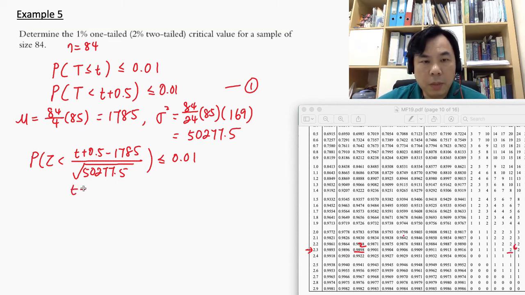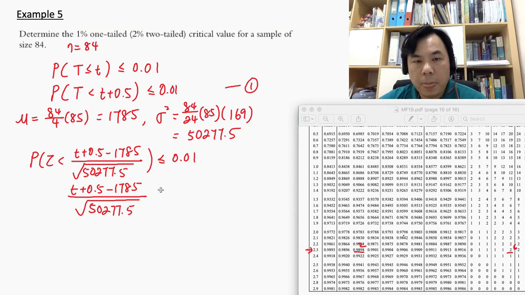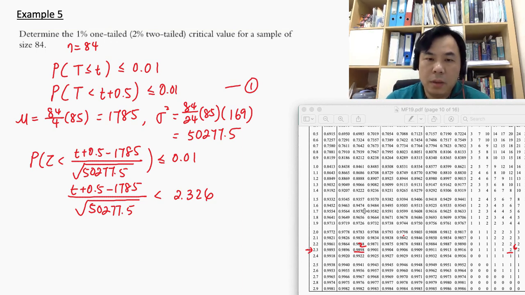So which means t plus 0.5 minus 1785 divided by the square root of 50277.5, this value must be less than, because it's on the left hand tail, negative 2.326.